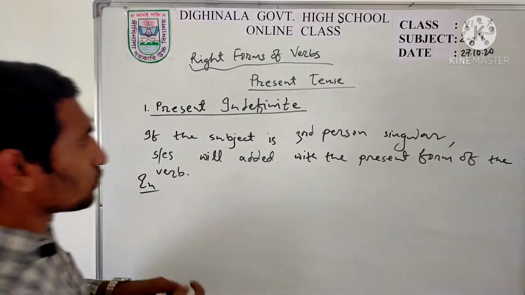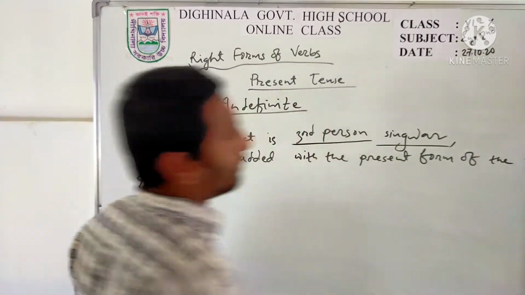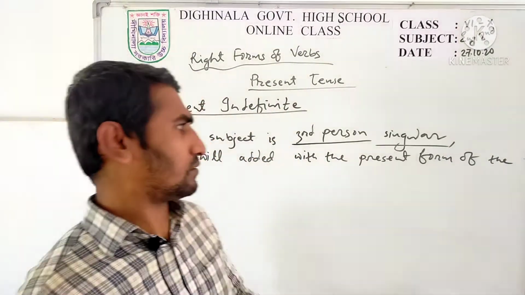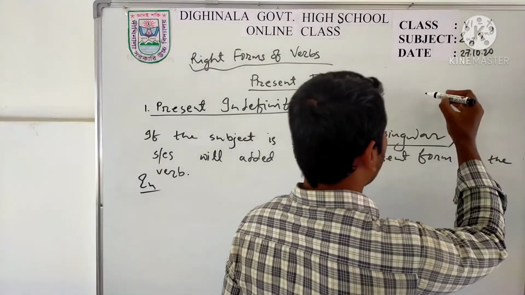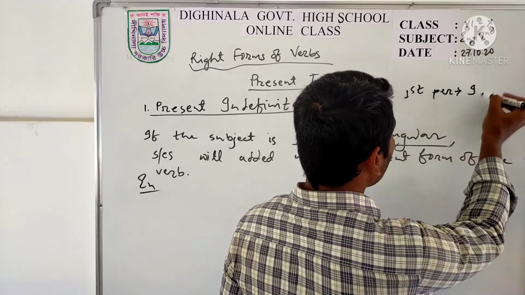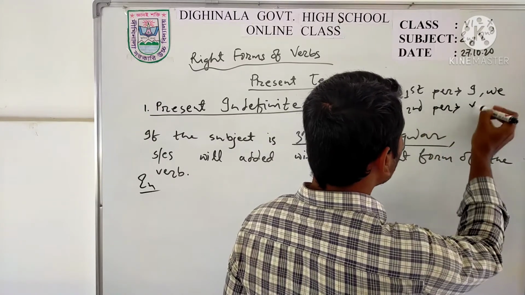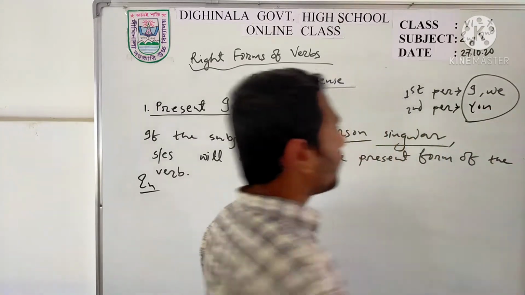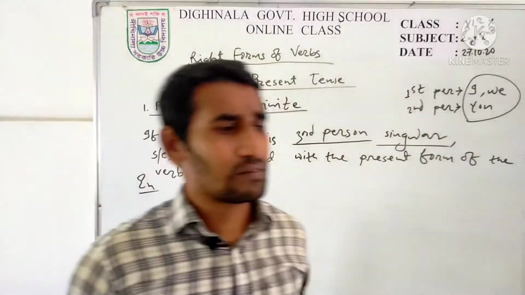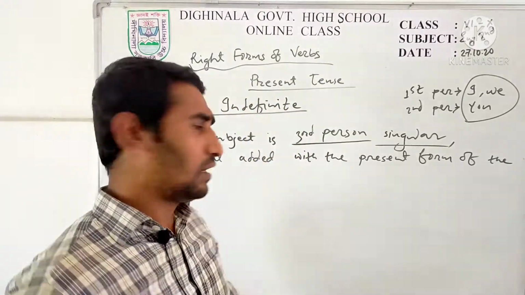You have to remember two things here. One condition is third person, another condition is singular. So you know what the third persons are. Just see here: first person is I and we, second person is only you. Except these three, all the other subjects you see around you are mostly third person.